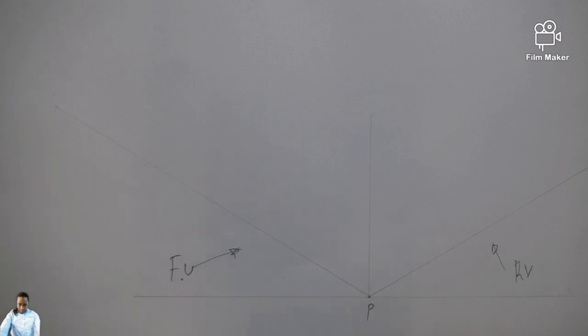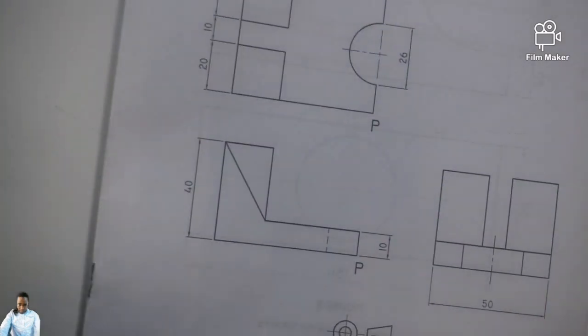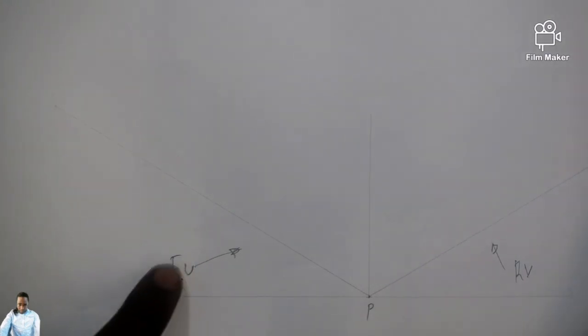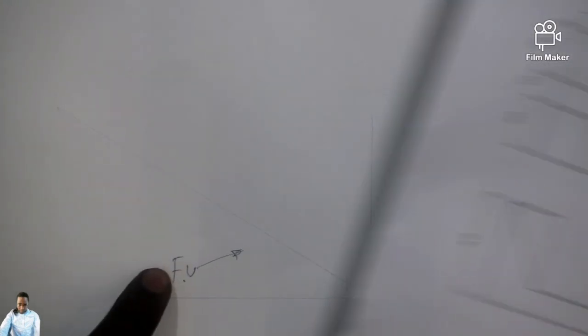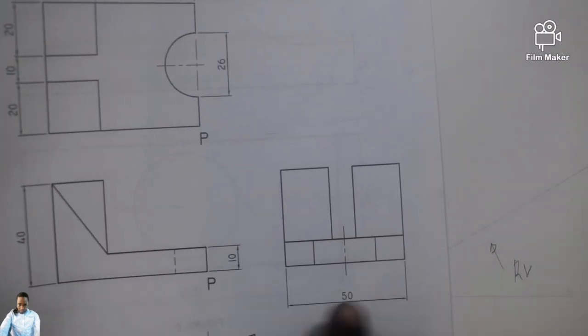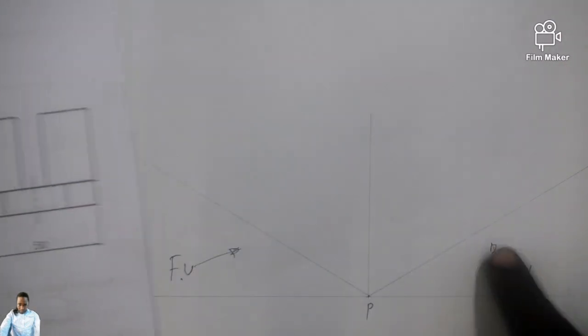Once you understand that, I am going to force myself to get a shape like this at this portion, because it's front view supposed to be, and this is right view supposed to be on my right hand side. So I'll have to force myself to get this shape at this portion.